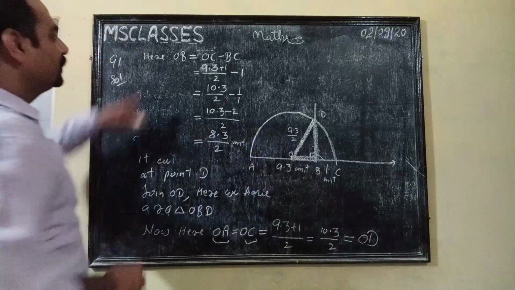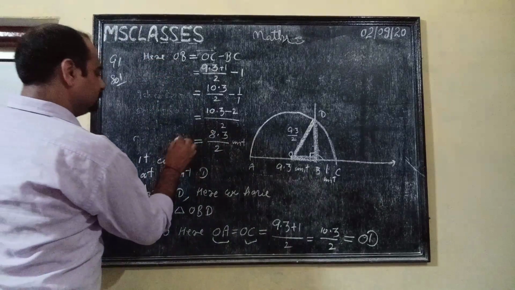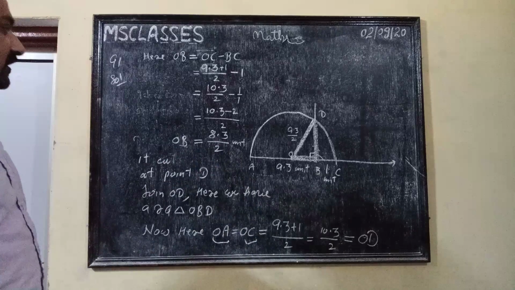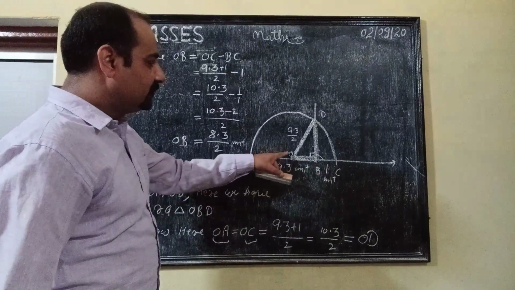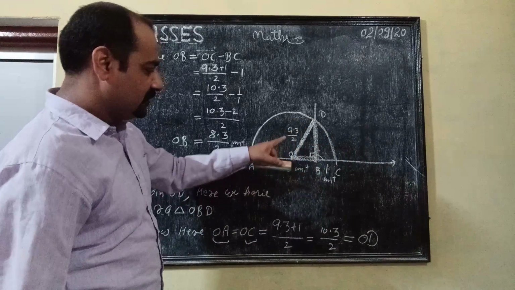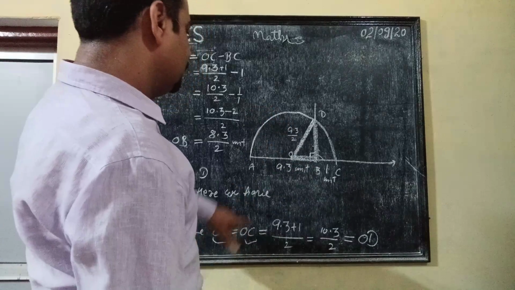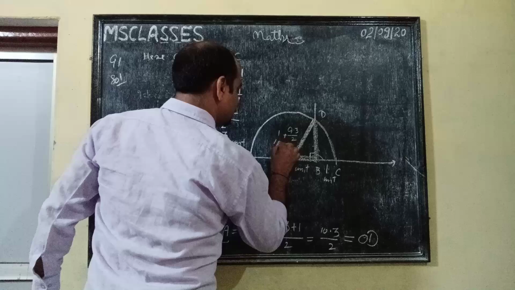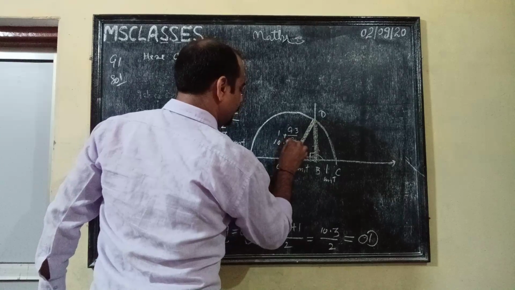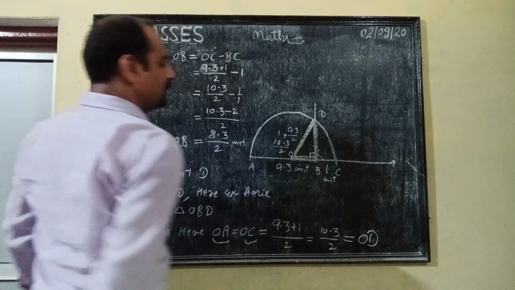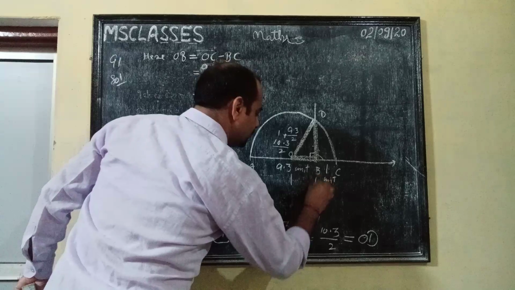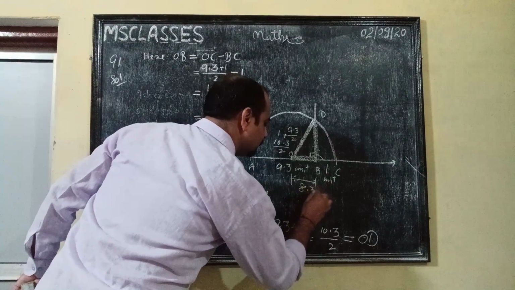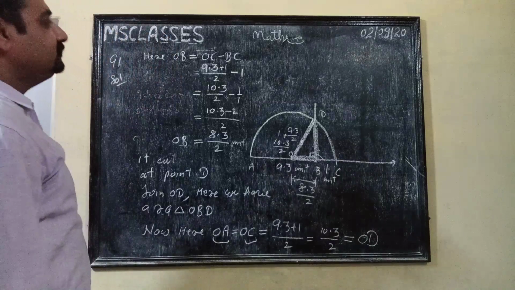So your OB is equal to 8.3 over 2 unit. Here OD is equal to 10.3 over 2 and OB is equal to 8.3 over 2.